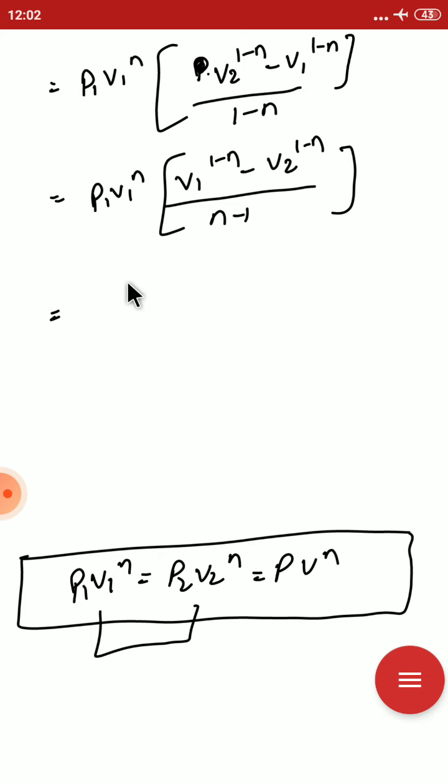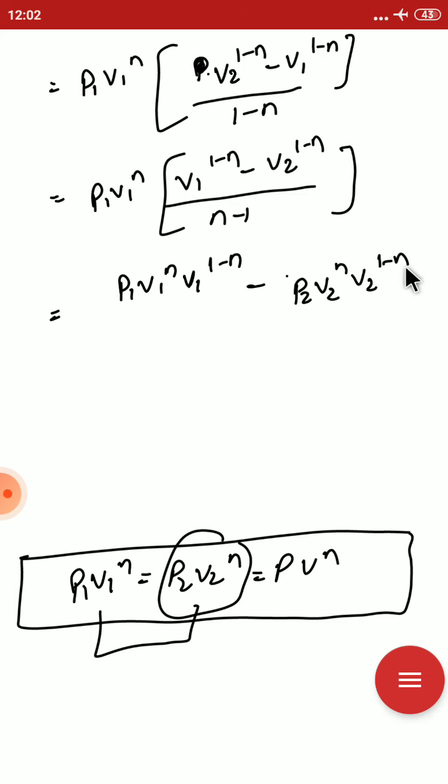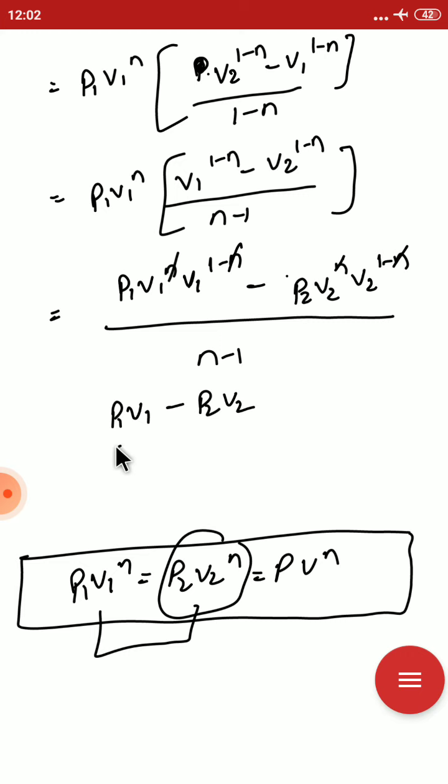Now I am using P1 V1 power n for V1 power 1 minus n, and P2 V2 power n for V2 power 1 minus n. The plus 1 and minus 1 get cancelled, and the plus 1 and minus n get cancelled, so we get P1 V1 minus P2 V2 by n minus 1.